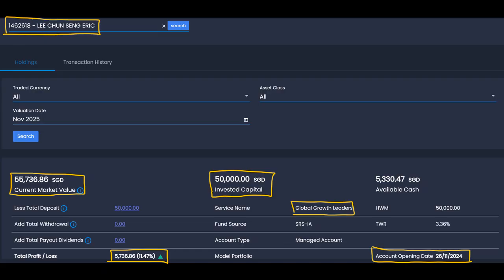Next is a snapshot of my own investment into this global growth leader. I started investing into this portfolio since late November last year, 2024, starting off with an initial capital of 50,000 Sing dollars.